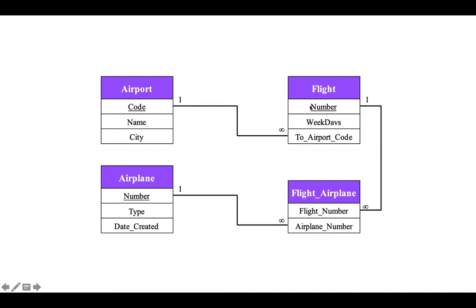So to do this relationship between flight and airplane, many to many relationships are usually done by inserting another table. In this case, we call this table flight airplane, where the flight number and the airplane number, as you can see, the flight number is the primary key of the flight, and the airplane number is the primary key of the airplane.